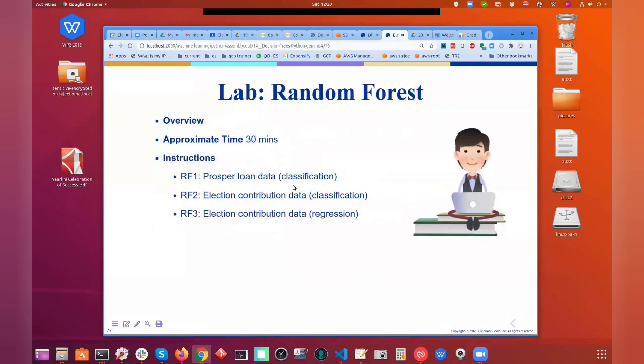I'll update the link for you guys, but basically this week is random forest and boosted trees, ensemble methods. Use the data you already have, and I'll also give you a link for the Prosper data as a bonus lab. The Prosper data is pretty interesting because it predicts whether you're going to repay the loan or not.